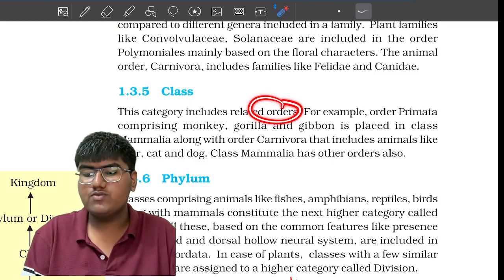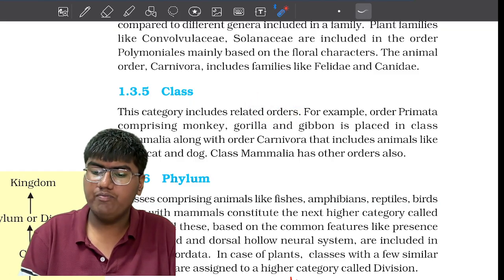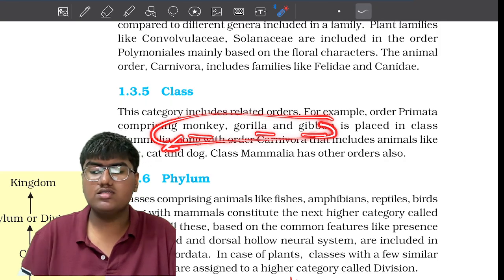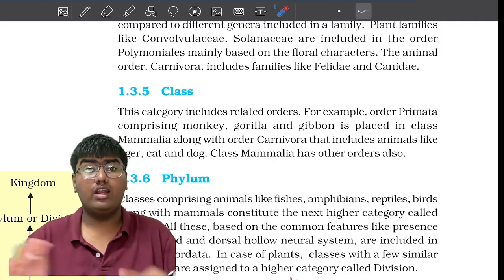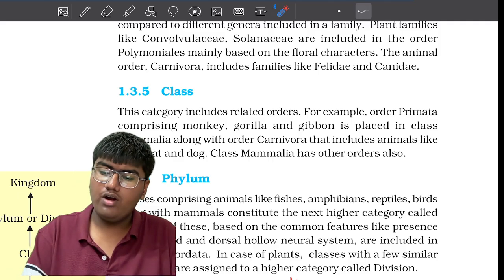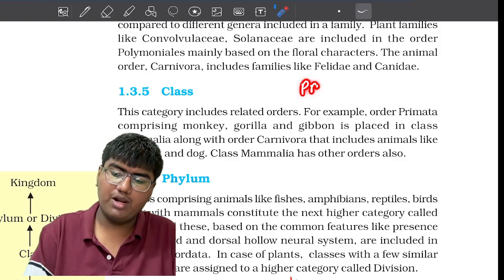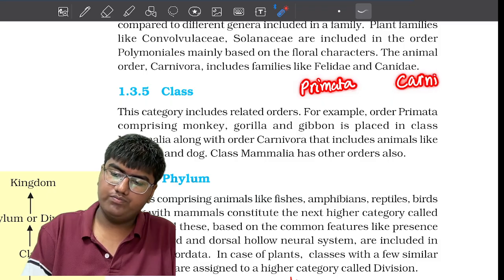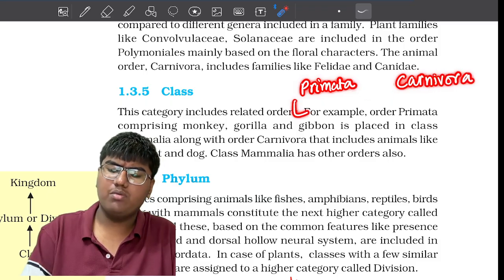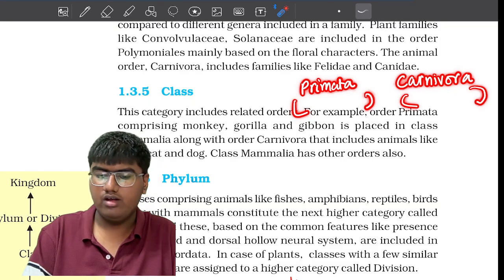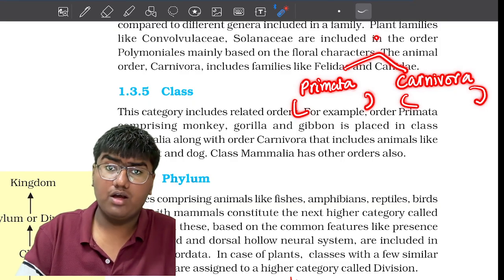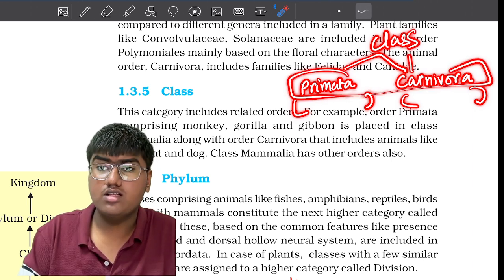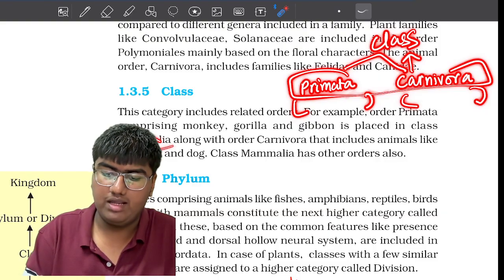The orders given here are Primata and Carnivora, with examples like monkey, gibbons, and tiger, cat, and dog. All of them come under a class of related characters, which is Mammalia.